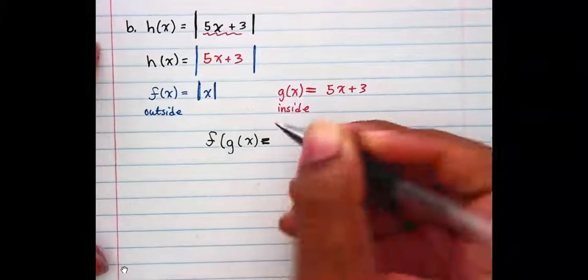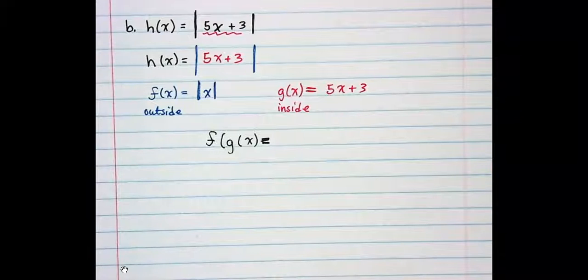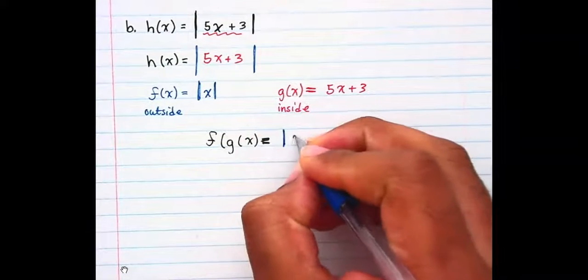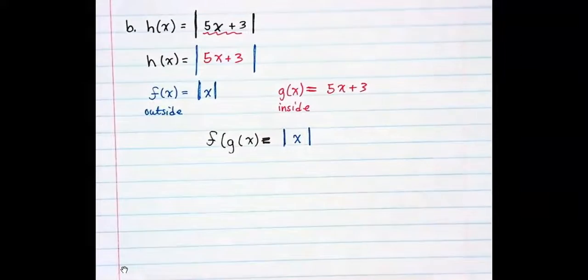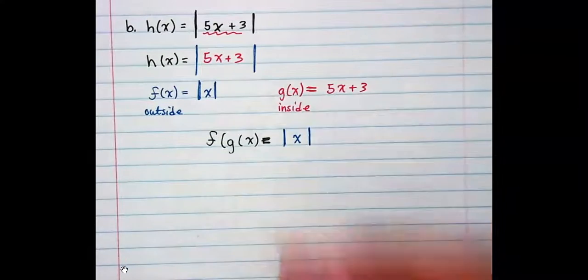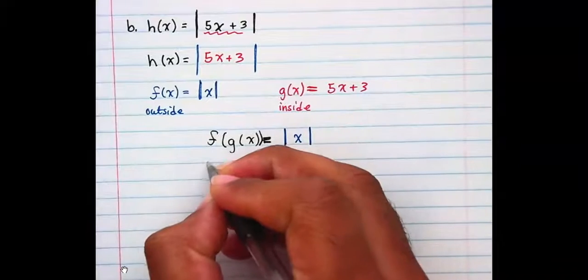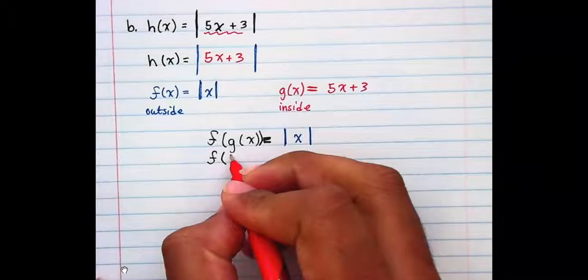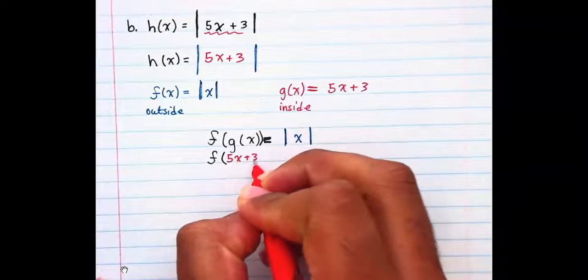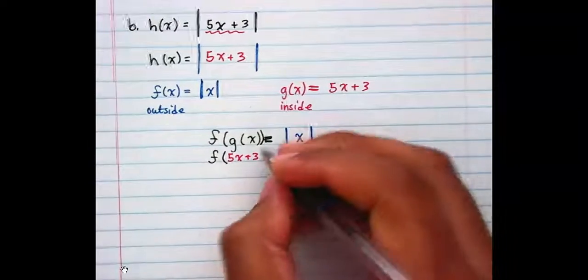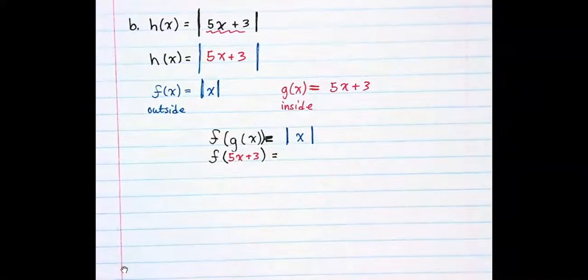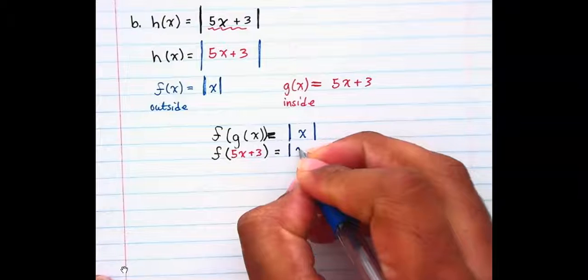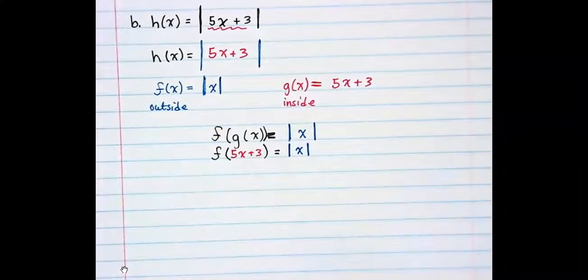All right, so we said, again, we write the outside function, the f of x function, down first. Left off a parenthesis right there. Sorry about that, but it's going to be okay. All right, we're going to go ahead and put in the inside portion, which is g, and we're going to substitute it into the absolute value of x.